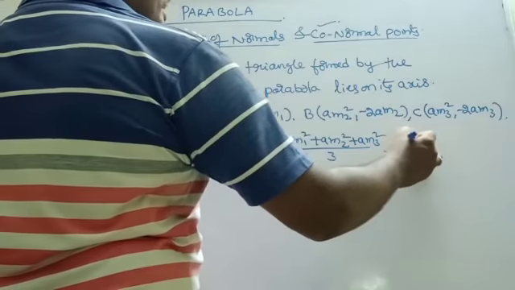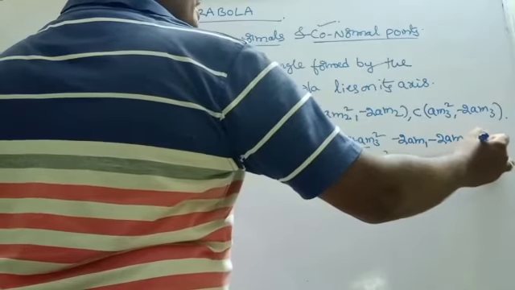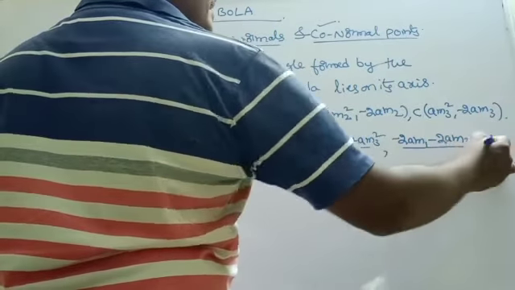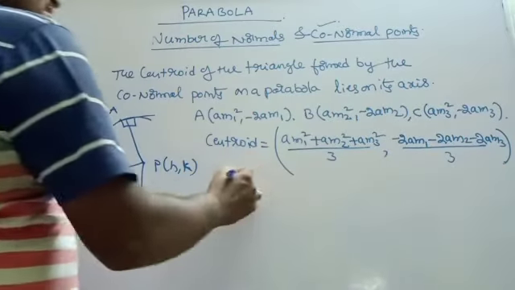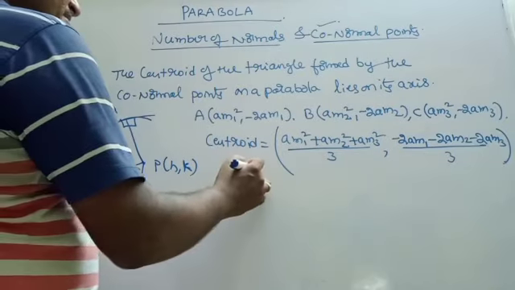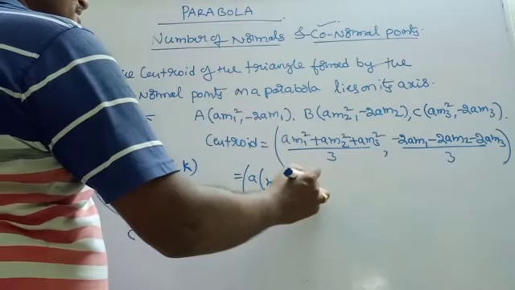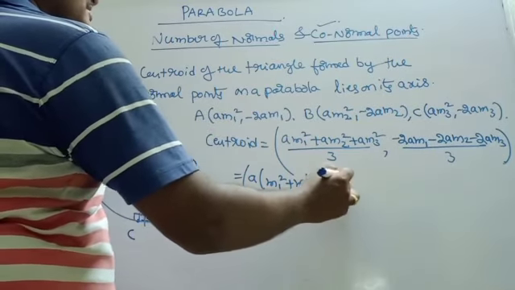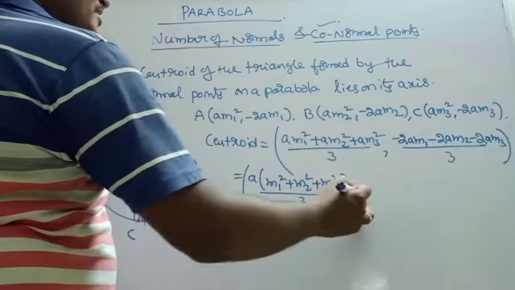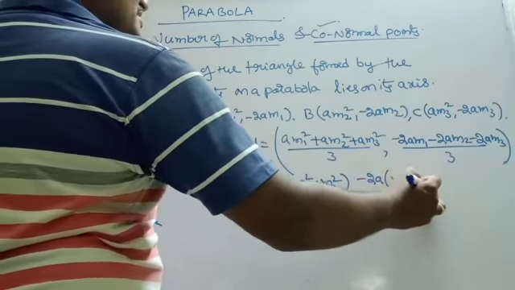That is (a m1 square plus a m2 square plus a m3 square) whole by 3, comma, (minus 2a m1 minus 2a m2 minus 2a m3) whole by 3. This is the centroid. Now you can write it as a into (m1 square plus m2 square plus m3 square) by 3, comma, minus 2a into (m1 plus m2 plus m3) by 3.